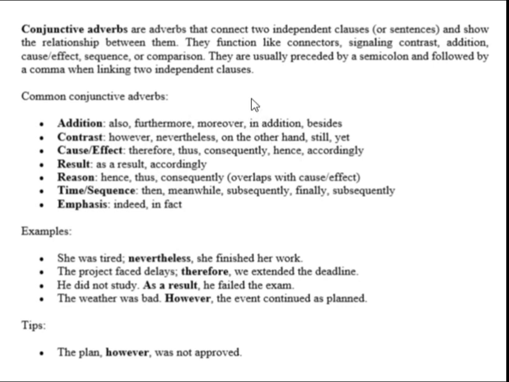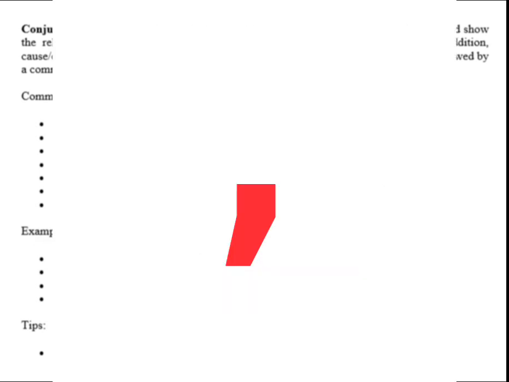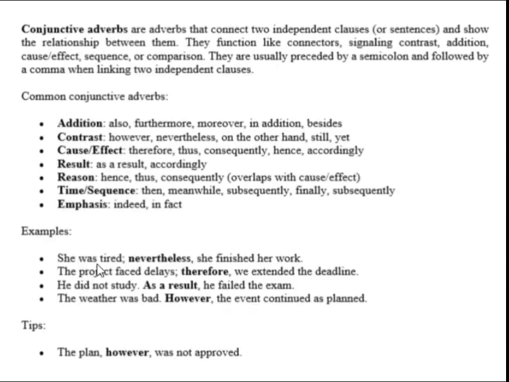All right. Now, a tip about punctuation. Let's see how we write it, or what kind of writing style we follow. They are usually preceded by a semicolon and followed by a comma, as you can see in the first two examples I gave here.